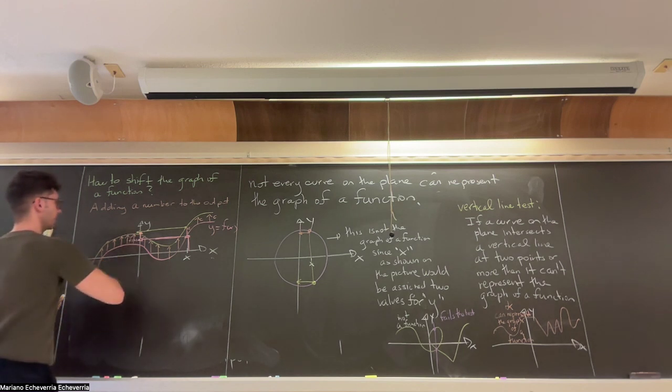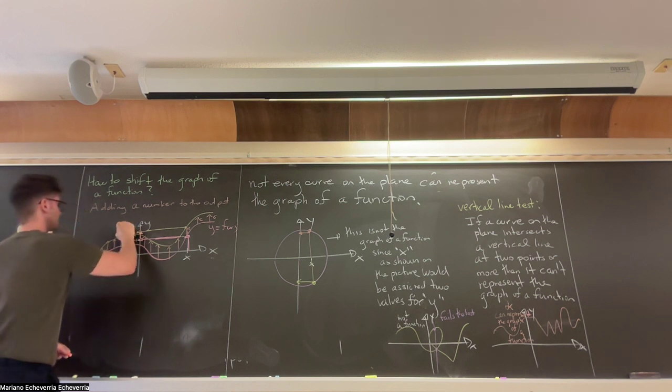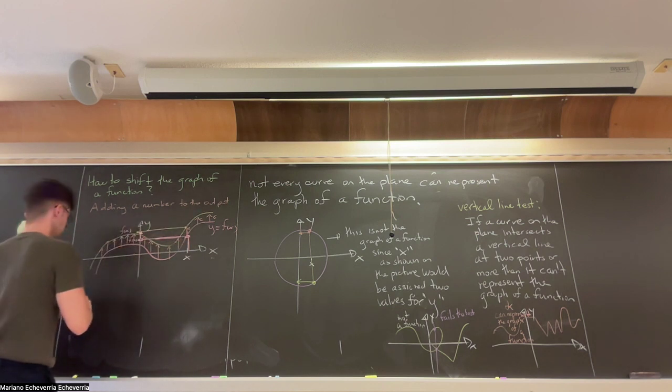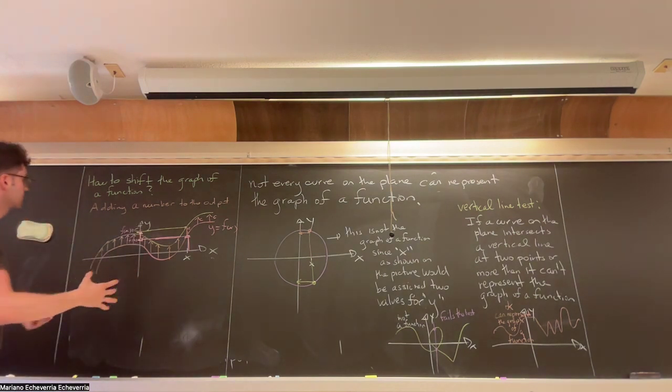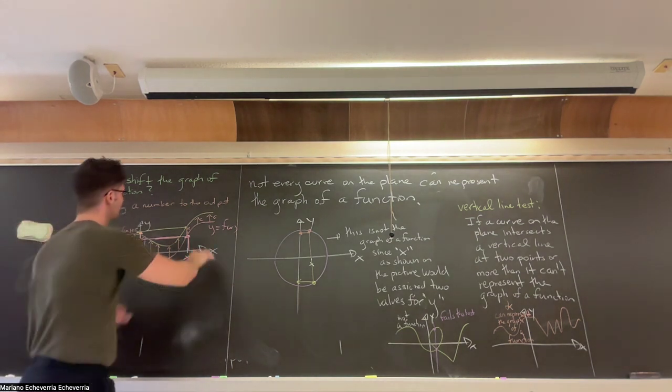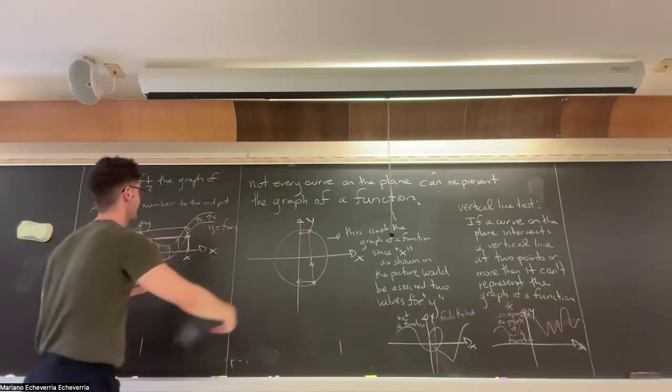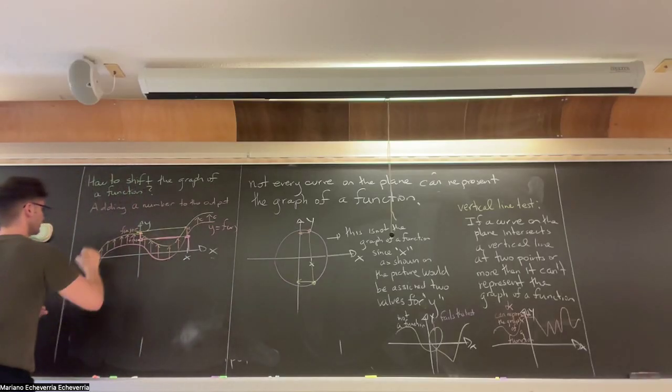Because you're just adding a constant amount to the values the function takes. So that is a new function which you call g of x. Because it is a new graph, it has a new rule: take the previous values and add a constant amount to it.